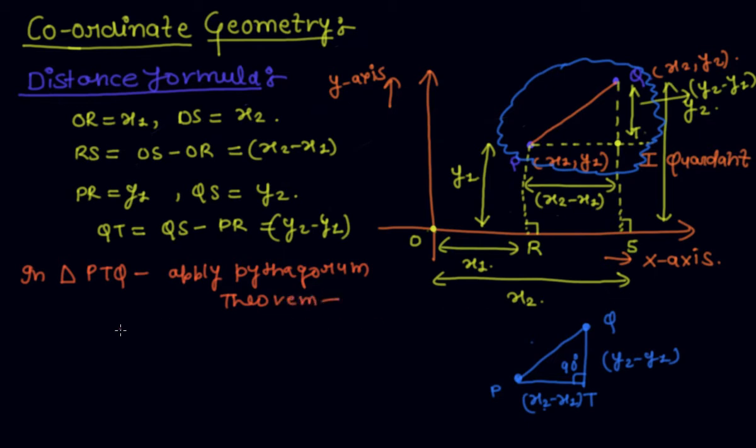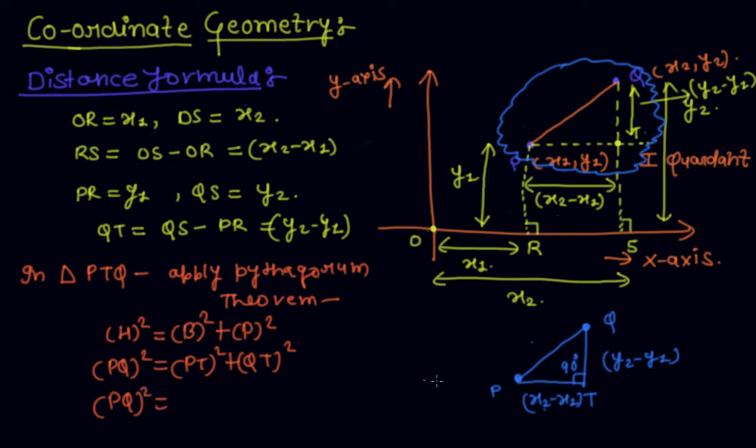Now hypotenuse square equal to square of base plus square of perpendicular. Now the hypotenuse is PQ, so PQ square equal to PT square plus QT square. Now PQ square is equal to, PT is equal to x2 minus x1, so x2 minus x1 whole square plus y2 minus y1 whole square.